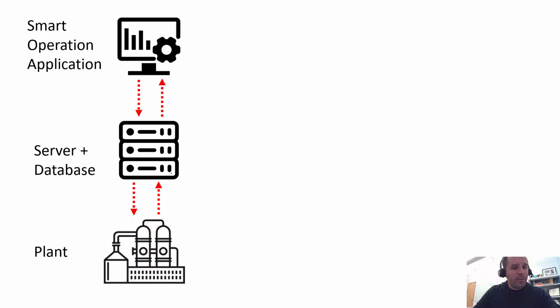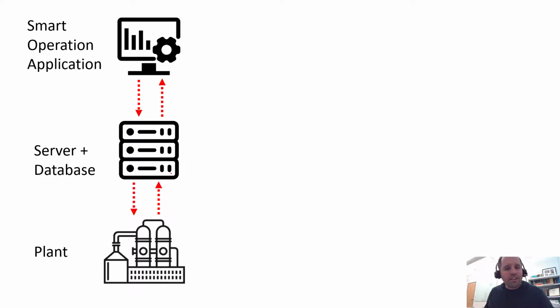I can feed that information back into my database, and then my plant can pull these optimal set points from the database, feed those into its control system, and ideally you'd be improving the performance of your plant measured by profit or maybe environmental performance, something like that.